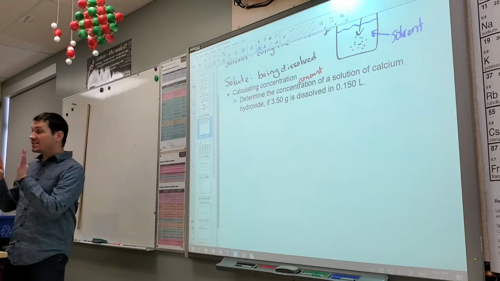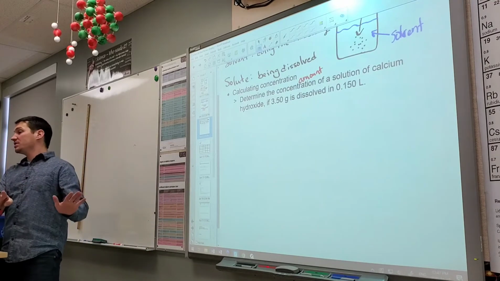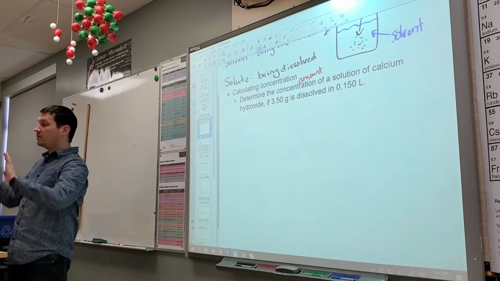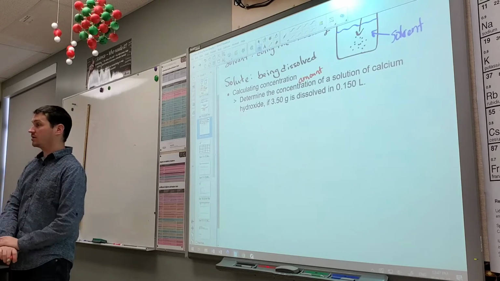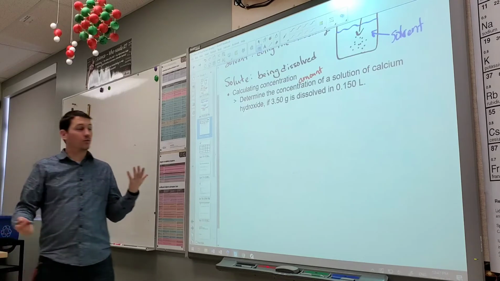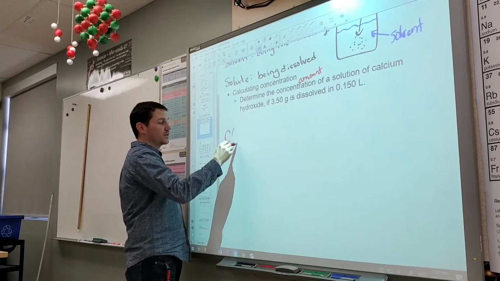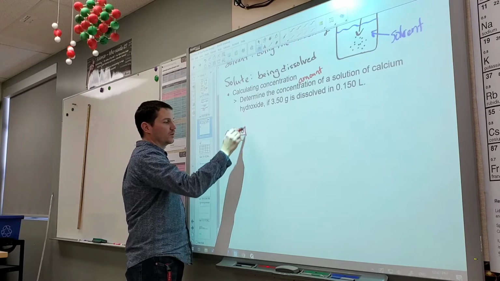It's just saying, I'm putting this thing in water, give me the concentration. What are the units for amount concentration? Moles per liter. So we're looking for concentration in moles per liter.